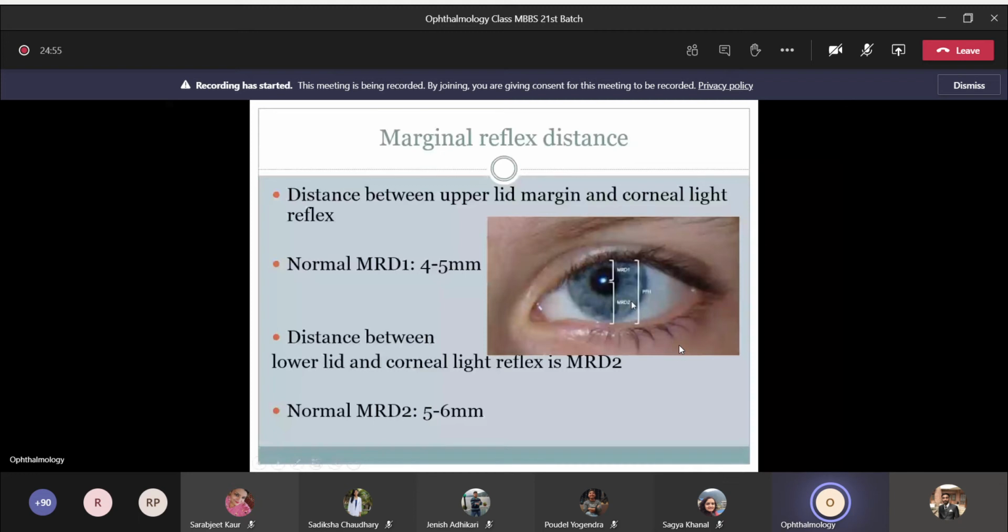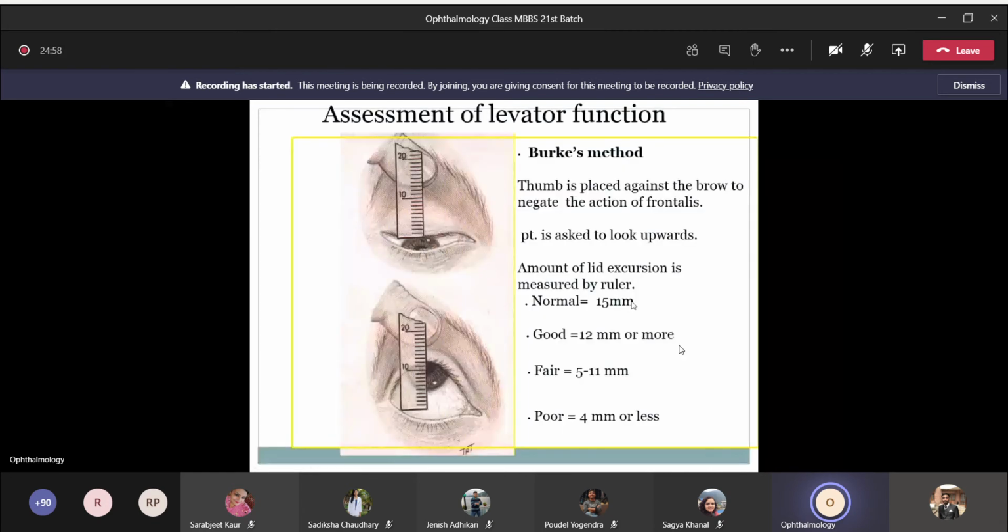Another is assessment of levator function. This is very important in ptosis evaluation because depending upon the levator function, the kind of treatment that the patient needs is decided. This is known as Berke's method. In this procedure, the thumb is placed against the brow to obliterate the action of the frontalis muscle.